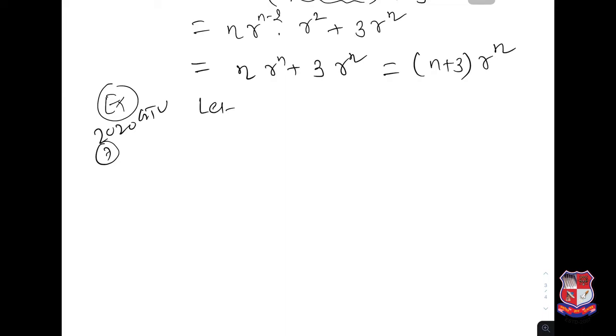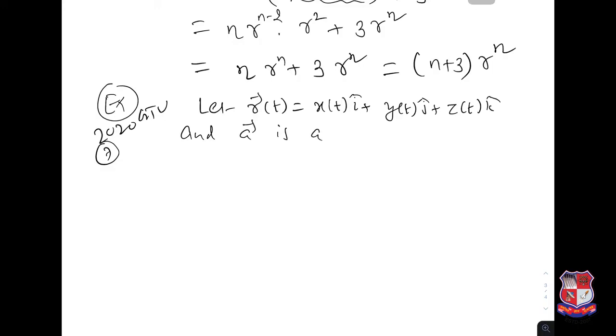Let R be a position vector and vector A be a constant vector.